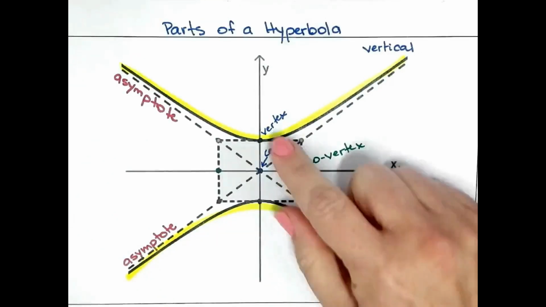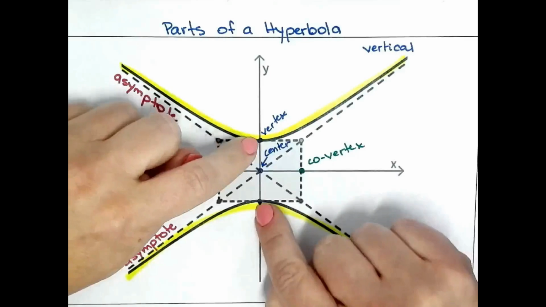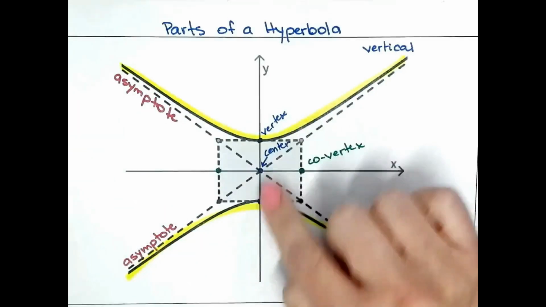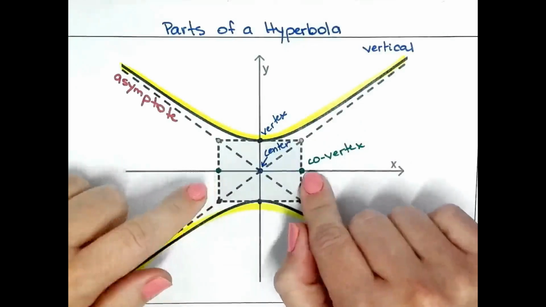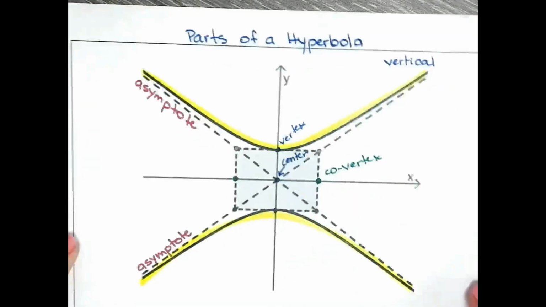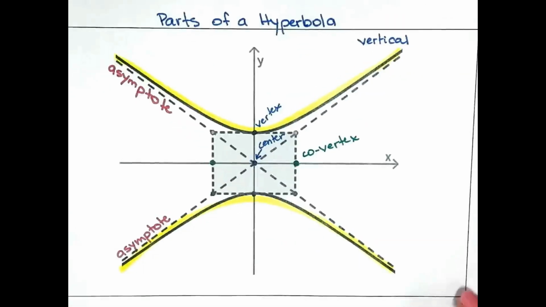So here we go. The vertex is on the graph. The covertex will not be. So one vertex, two vertices, one covertex, two covertices. Just like what we did with the ellipse, we also have the major and minor axes, but they're called differently on the hyperbola.